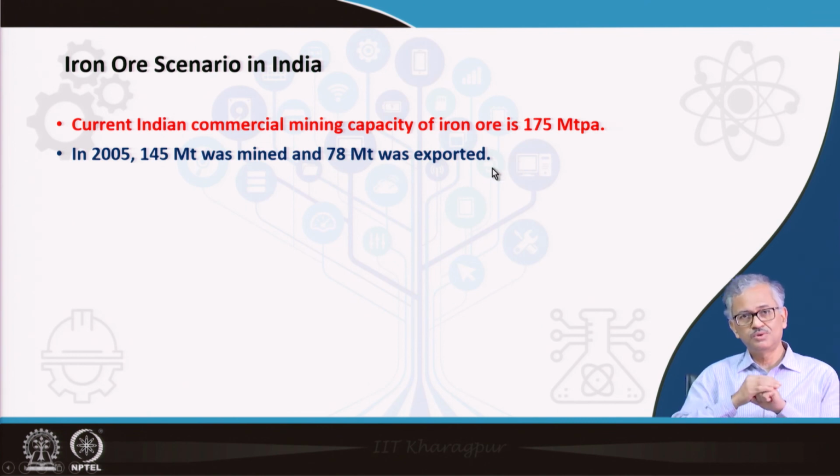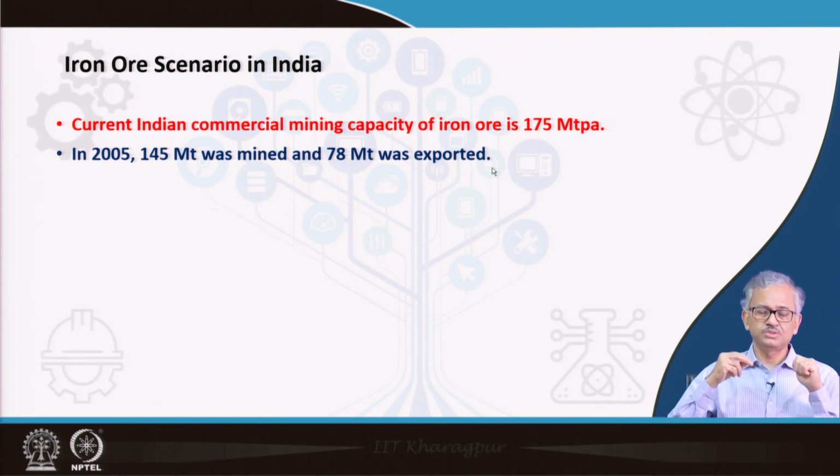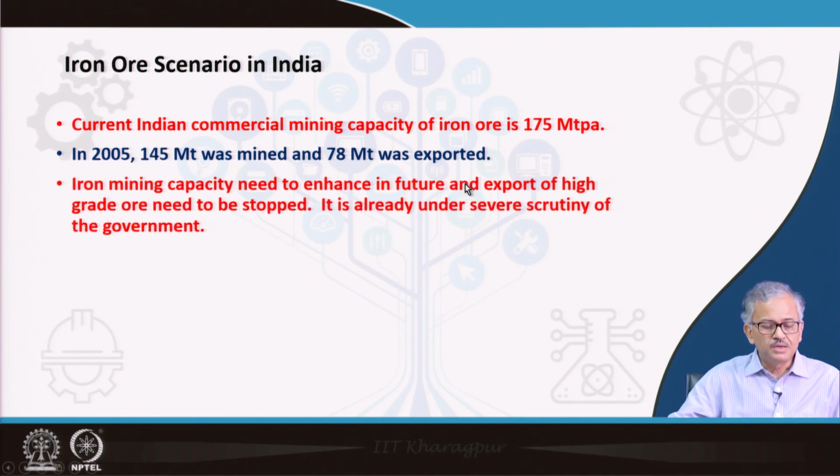This is not a very good trend. We should stop the export because rich ore should be used in our country itself. Iron ore mining capacity needs to be enhanced in future and export of high grade ore needs to stop. This is very important.